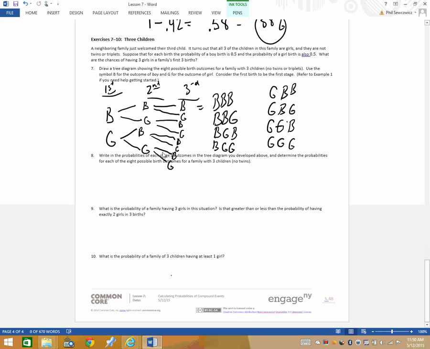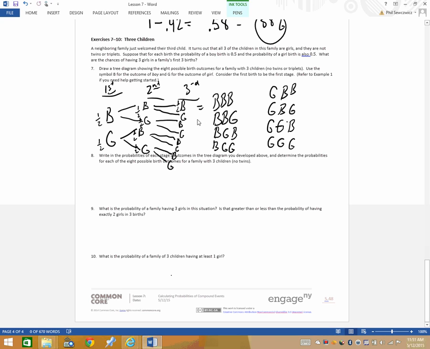So when we write in the probabilities of each stage outcome, the probability for all of them is going to be a half, because there's only 2 options. It could be a boy, it could be a girl. So we're going to have halves absolutely everywhere, so we're not going to fill them in all over the place. Now they want you to figure out the probabilities.